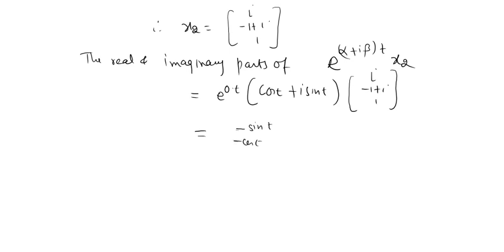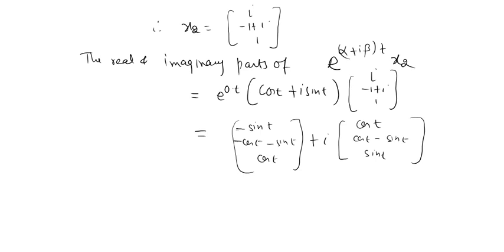Then the second component gives minus cos t minus sin t, and the third component gives cos t. For the real and imaginary parts, the second component is cos t times i and so on, giving cos t minus sin t, and finally i sin t, so sin t.